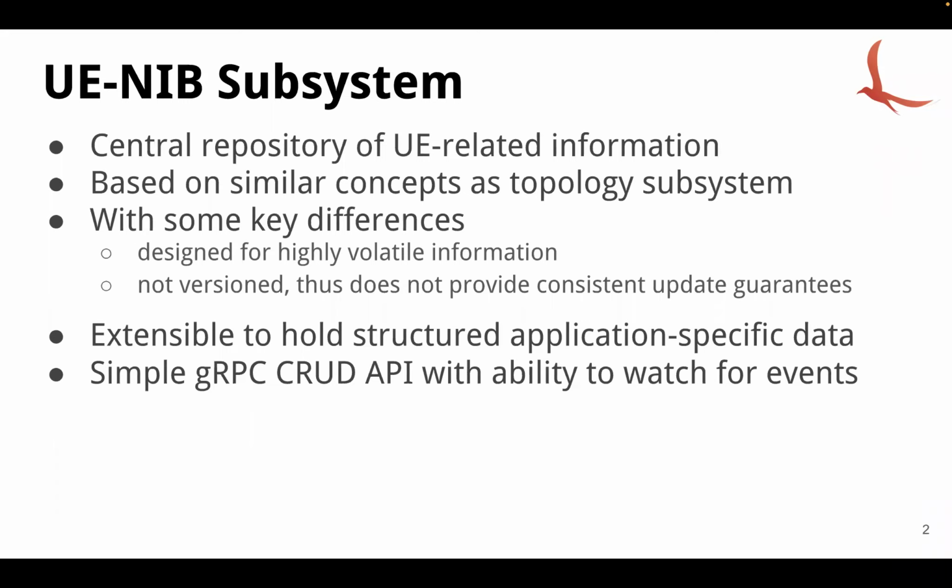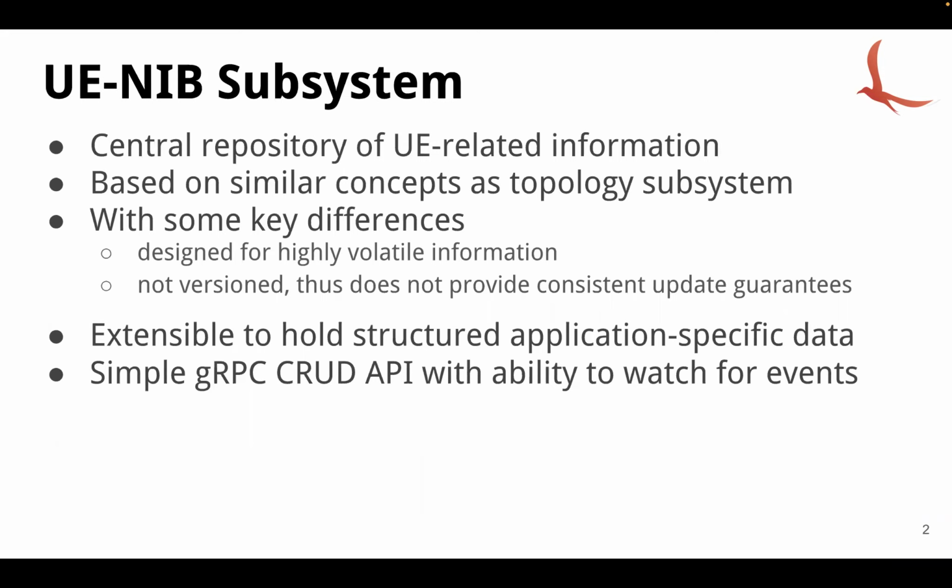Now it's based on a similar concept as the topology subsystem in the sense that the principal place to store information is the aspects, and we'll talk more about that later. But there are some key differences between the topology subsystem and UE-NIB subsystem. First of all, it's designed to hold highly volatile information, and therefore it is not designed to provide the kind of sequential update guarantees that the topology subsystem is.